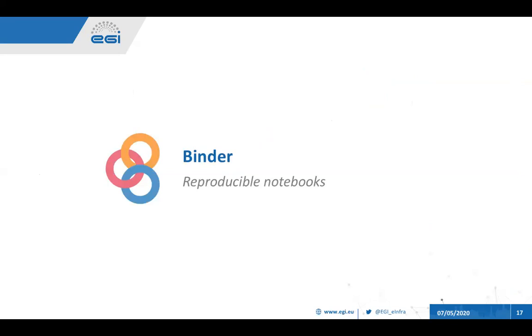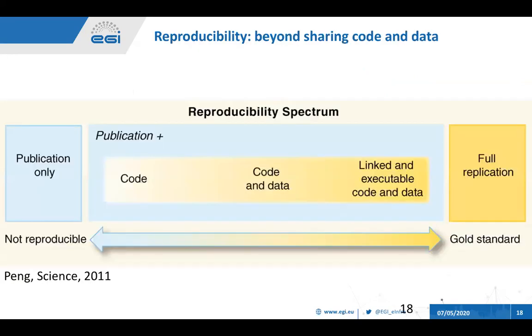So I move to the last part of the webinar, which is about Binder and reproducible notebooks. The idea here is to provide an environment where you can do reproducible science. And in this slide, I try to show the different degrees of reproducibility that you can have when you have a publication.